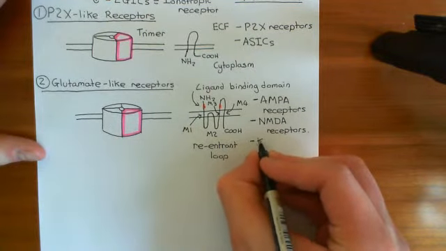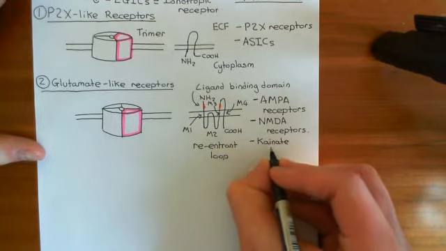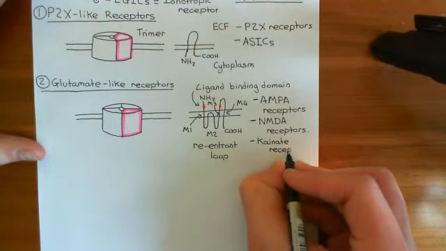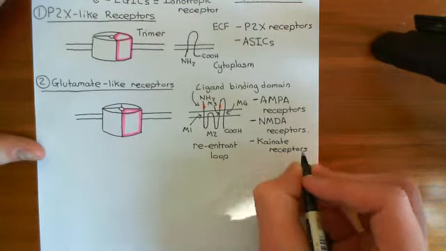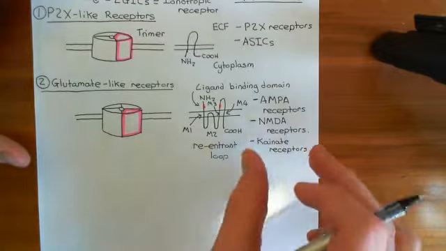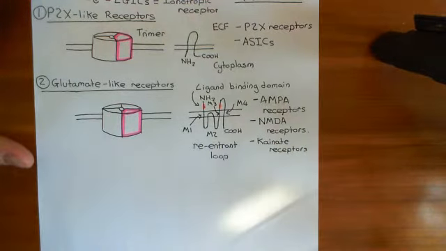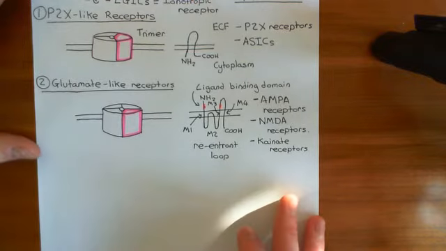Then finally, there is also the family of kainate receptors, whose ligand is again glutamate. Again, there's not just one kainate receptor, there's a whole family of them, and they're a subfamily within this family of glutamate-like receptor ligand-gated ion channels.